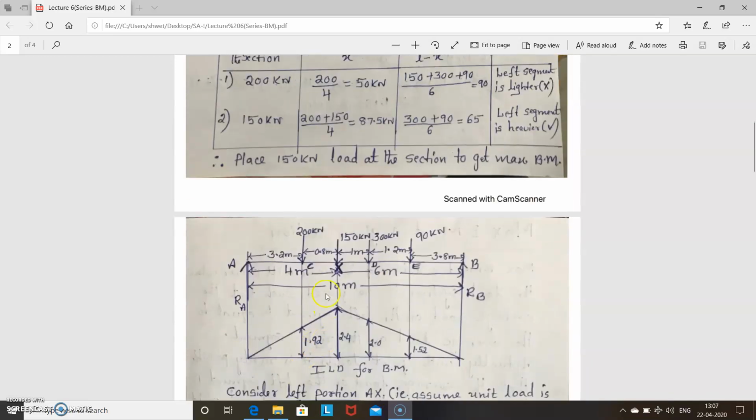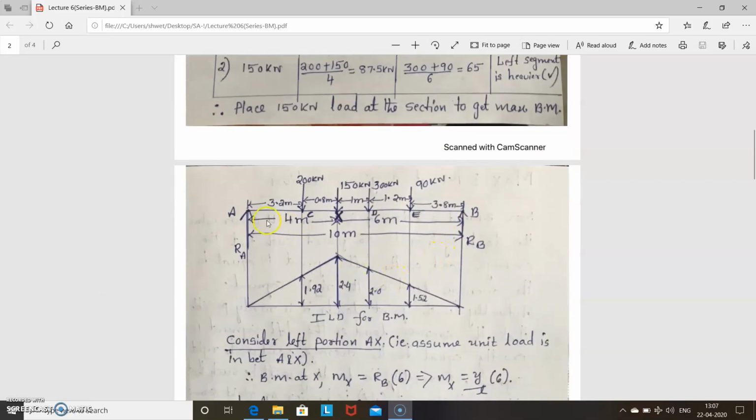So then remaining, total 4.8 is here, so this is 3.2. And here also total 6, 1 plus 1.2, 2.2, so the remaining distance is 3.8. This you have to draw. After that you name it. This is A, B, X, then C, D, E.